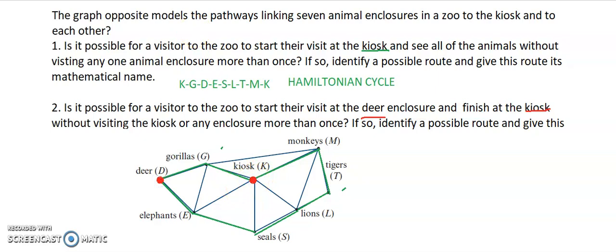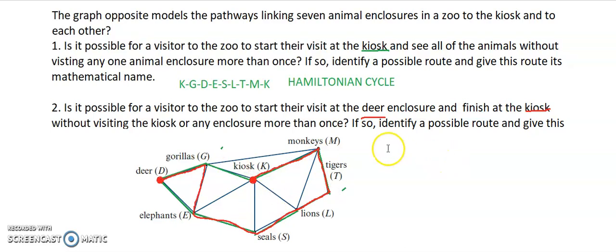Then I'm going to look at a pathway through. To start off with, I'll go from deer to the G. Then I'll go to E, elephants. Then I'll go to the seals, the lions, the tigers, the monkeys, and I will finish in the kiosk.